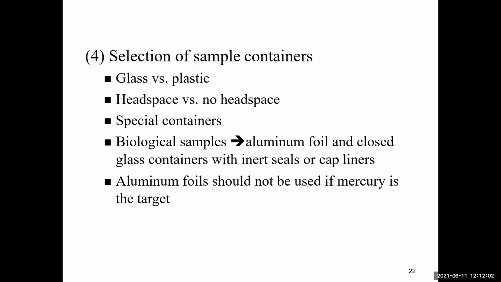So always use glass in the lab, not plastic. Glass is the better option. And aluminum foil is a better option for all types of tests, except when using mercury.